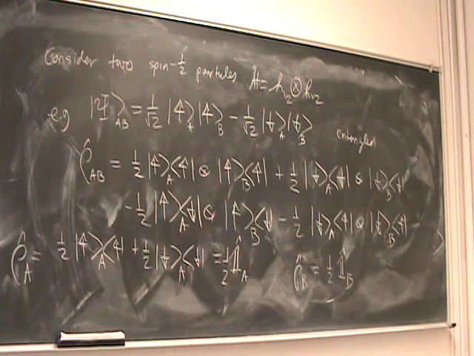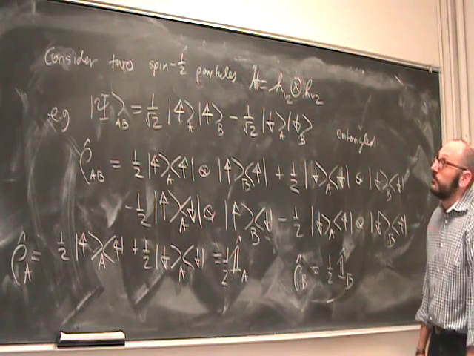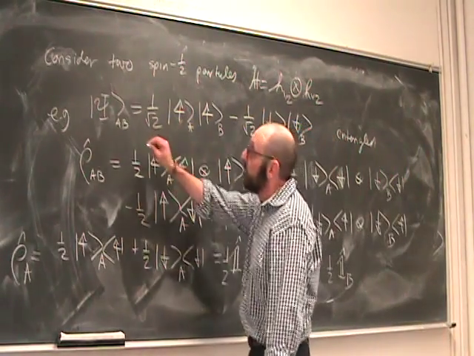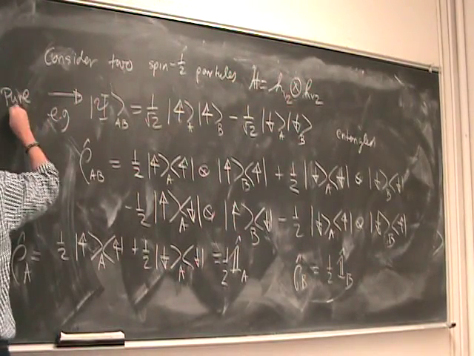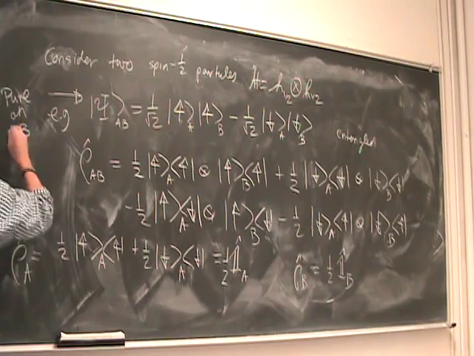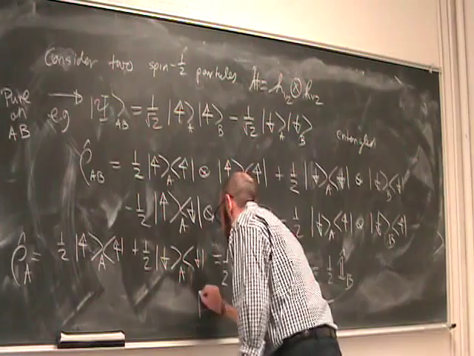So what we see in this case is that for this particularly entangled state, even though this is a pure state on the joint system, the marginals are mixed.